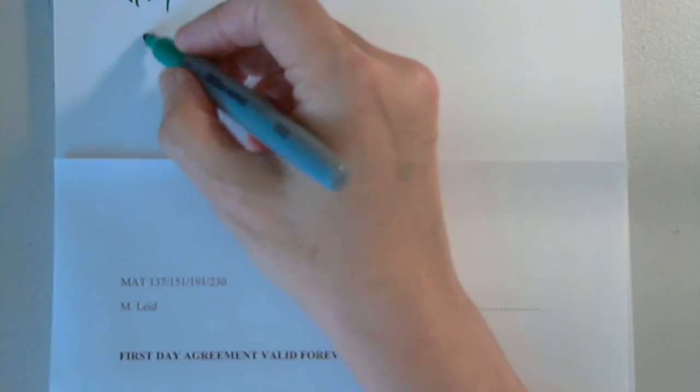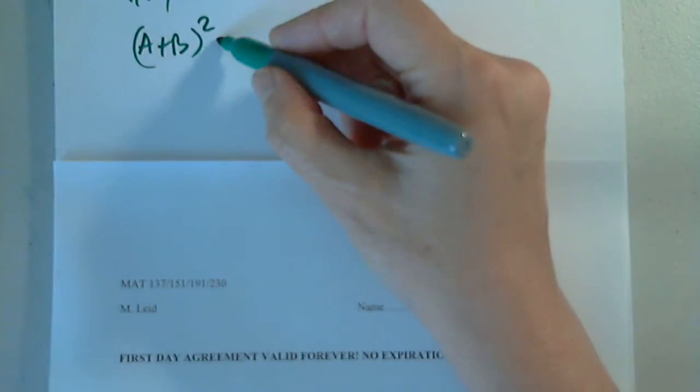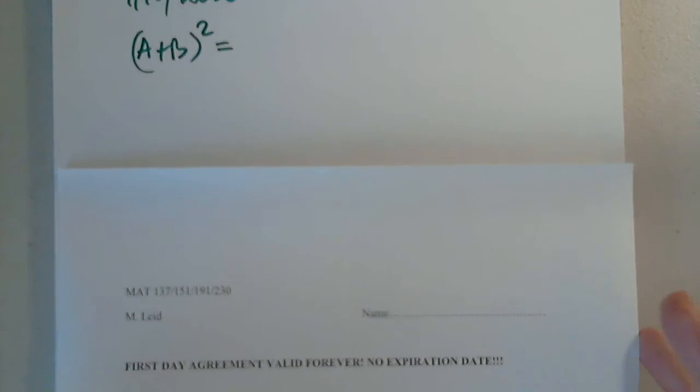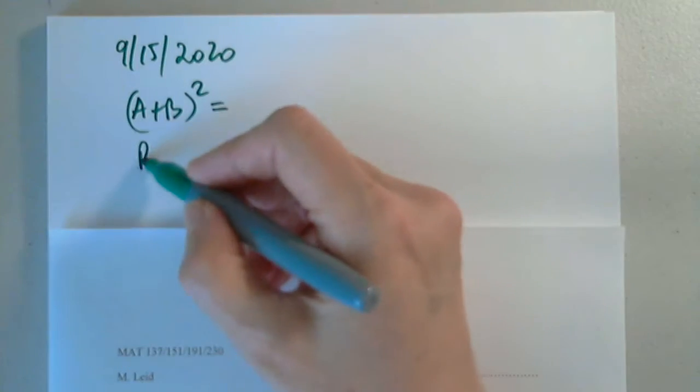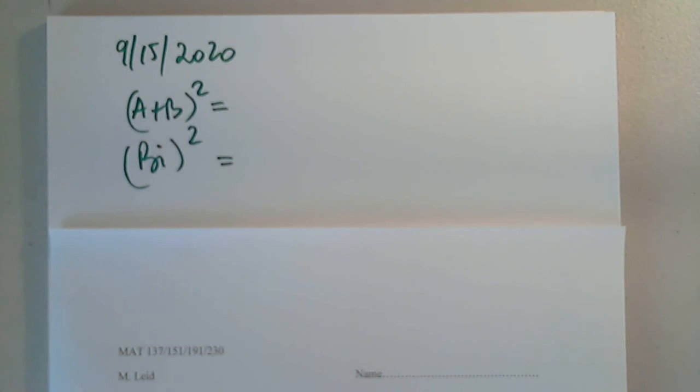Anyway, perfect. So we have a plus b everything squared, which, anyone remembers what this equals? So this is a binomial squared. Anyone remembers?